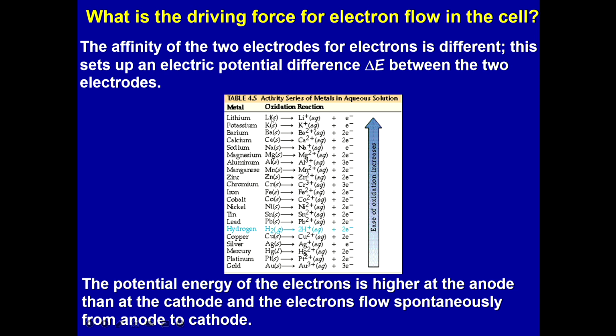So for the lithium, this is the top one, right? What does this mean? It means it is easy to give out electrons. For lithium, it is very, very easy to give out electrons. Okay?